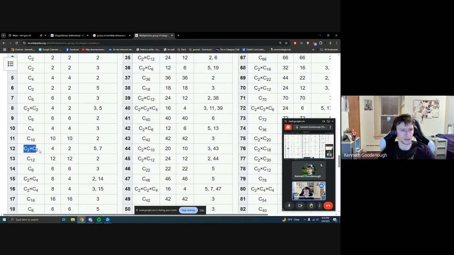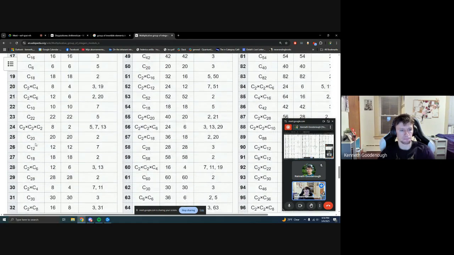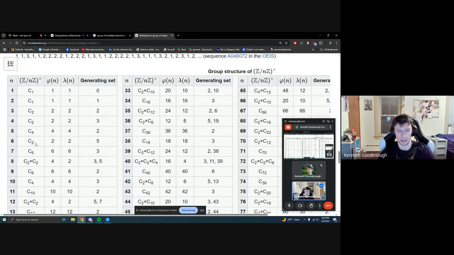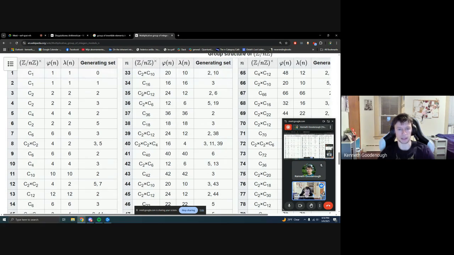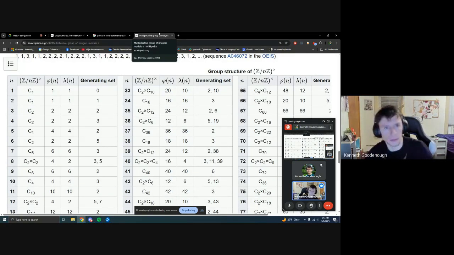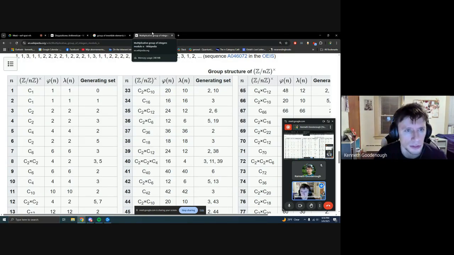Okay, yeah, this looks kind of weird. This seems very complicated. It does seem we always get a product of cyclic groups, which makes sense, right? These are abelian groups necessarily, since we're doing a multiplication mod n. So it makes sense that we get a product of cyclic groups. It's just the fundamental theorem of finite abelian groups, of course.